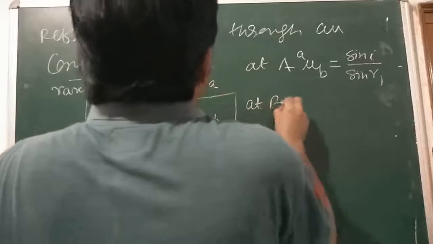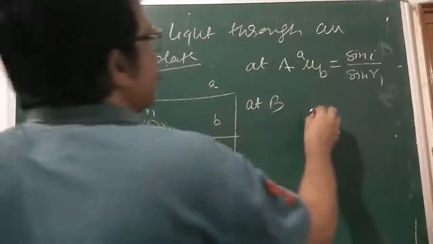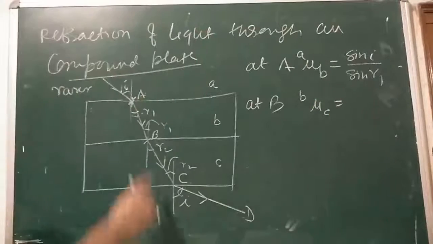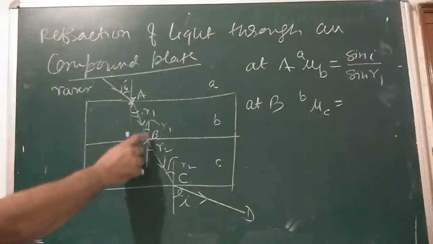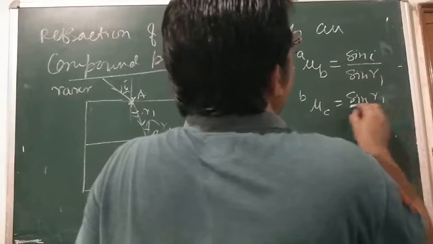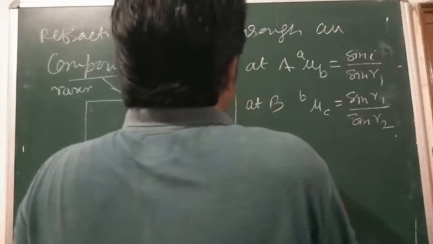At the point B, the refractive index of C with respect to B: here is the angle R1, here is the angle R2, so I can write sine R1 upon sine R2.